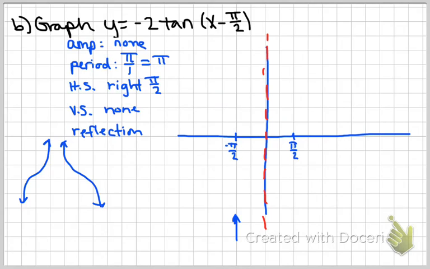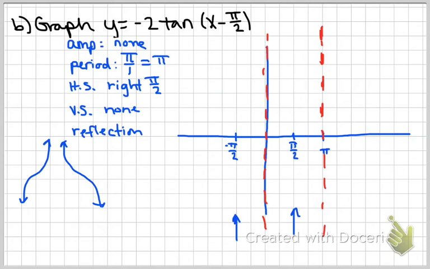Now my second original one would have been at pi over 2, and I want to add pi over 2 to it, and if I do that, that puts me at pi. So my second asymptote is going to go at pi. I'm just going to make my dashed line there at pi, vertically.